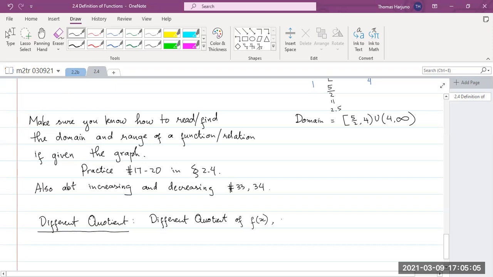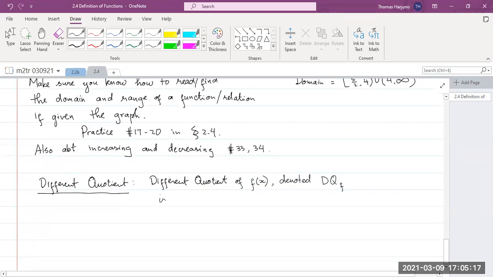In my class, I denote that as DQ subscript f, which is given by DQ_f equals (f(x plus h) minus f(x)) over h.